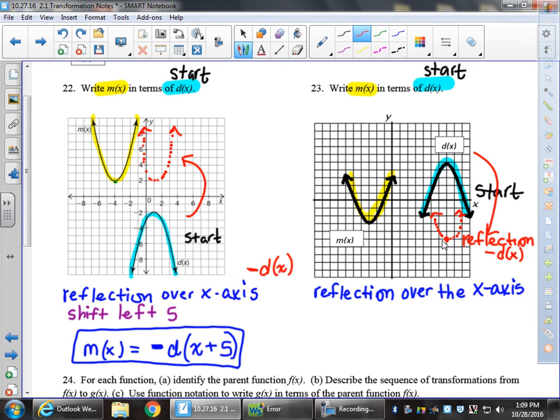Next, we have a horizontal shift, 1, 2, 3, 4, 5, 6, 7, 8, 9, 10. So let's add that to our list. Shift left 10. And then last but not least, up 2.